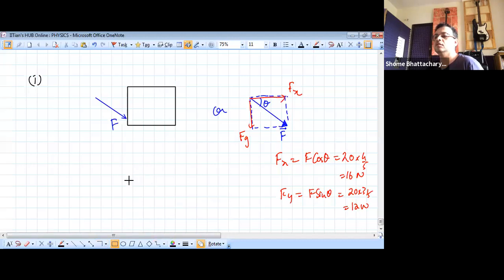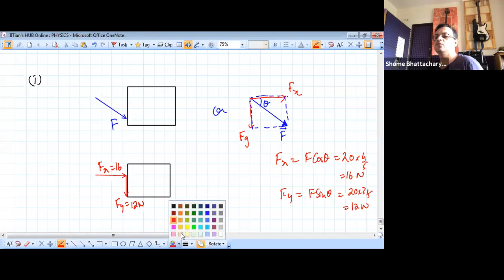Okay. So this is the same thing as saying that on the block, I'm applying one force horizontally like this and another force vertically downward like this. I'm pushing this down with a vertical component of 12 Newton, and I'm pushing it horizontally with a horizontal component of 16 Newton.